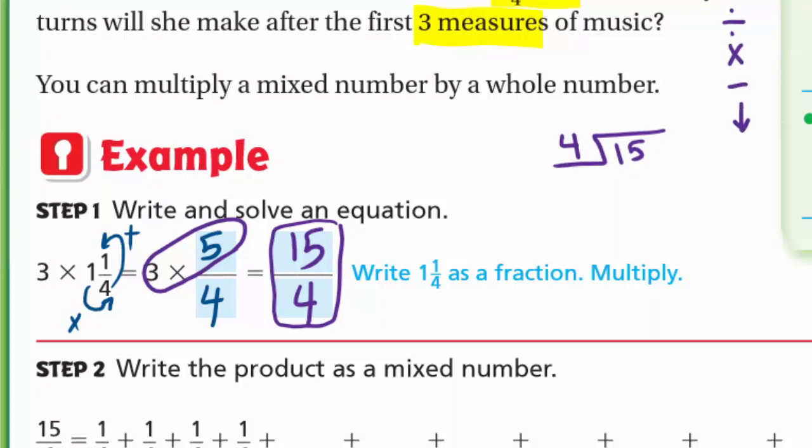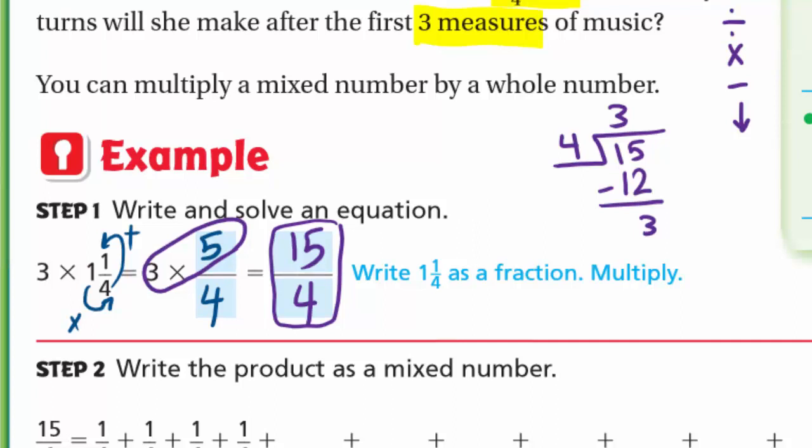15 divided by 4, how many 4s are in 15? There are 3 4s in 15. After divide, multiply. 3 multiply 4, 12. Then subtract. 15 minus 12, it's 3.